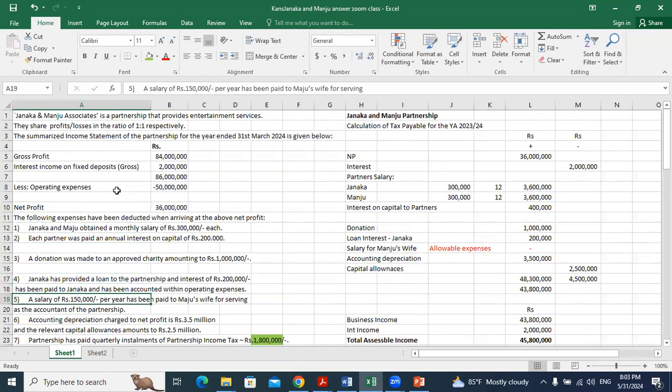A salary of 150,000 per year has been paid to Manju's wife for serving as the accountant of the partnership. If that is the case, Manju is a partner, his wife is the spouse.